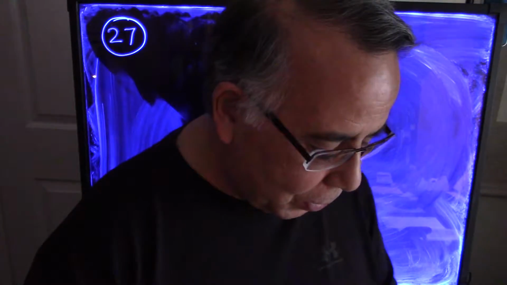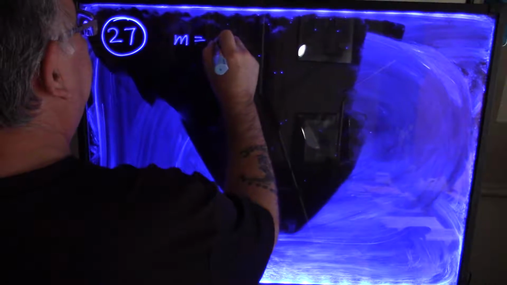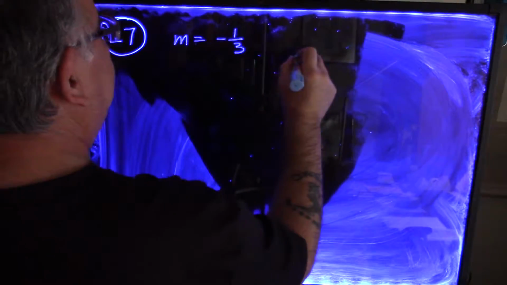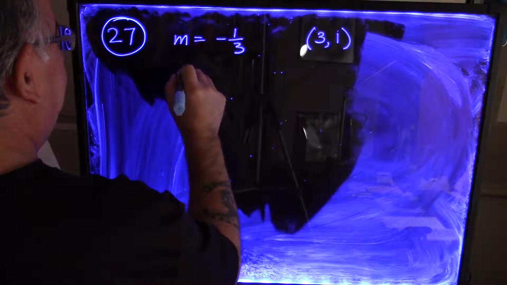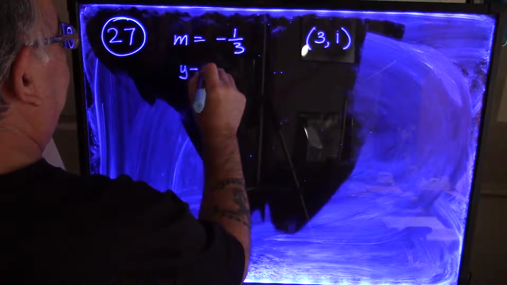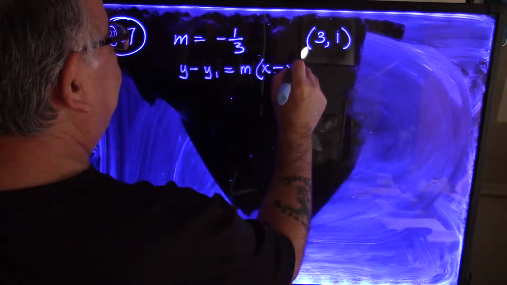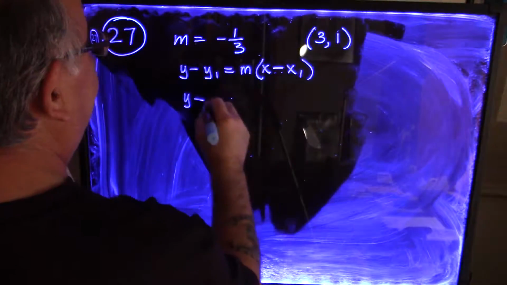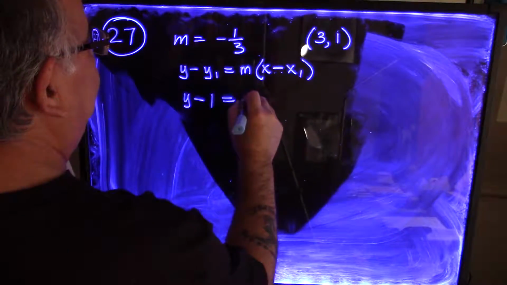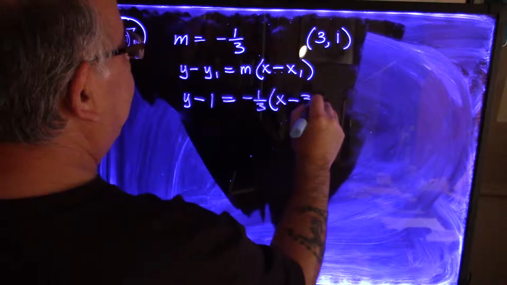And we have the point, so the slope m is negative 1/3. And we have the point 3, 1. So that suggests the point slope equation for a line: y minus y1 equals m times the quantity x minus x1. Plugging in everything, we've got y minus 1 equals negative 1/3 times x minus 3.